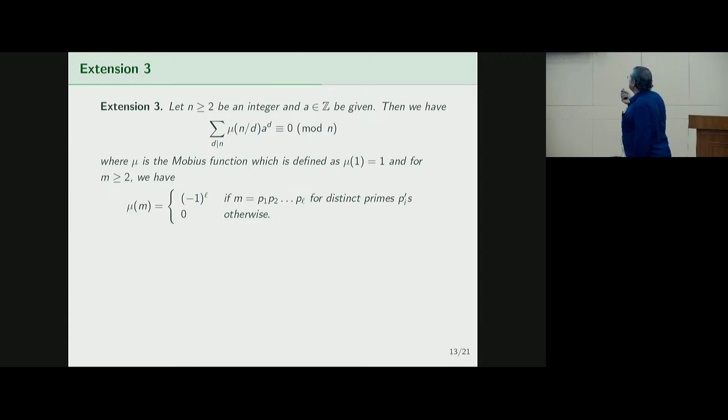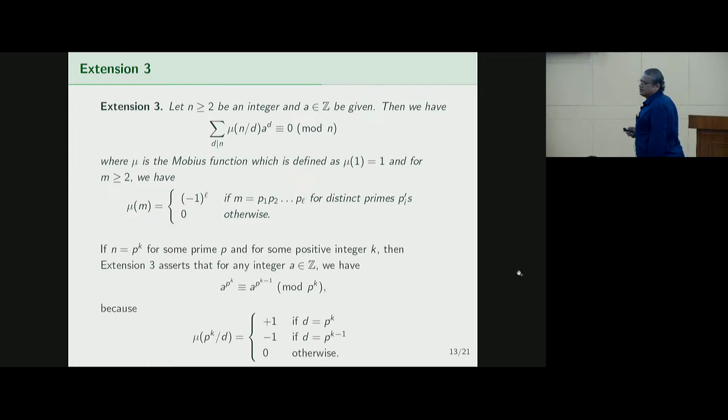So mu of 1 is 1, and if m is more than 1, then it is minus 1 to the power L if m is a square free integer with L distinct primes, otherwise it is 0. In order to prove this, we need to extend.